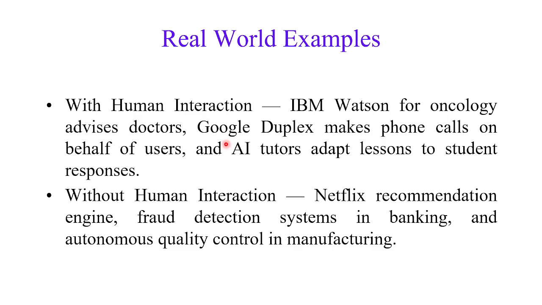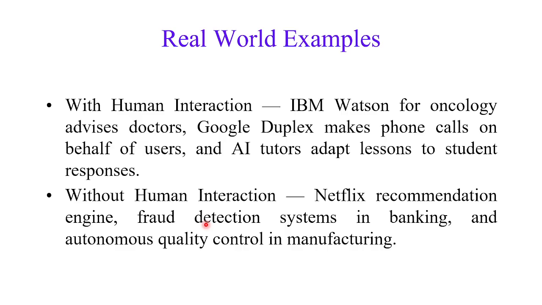If you take an example from the without interaction category, the Netflix recommendation engine runs silently in the background, analyzing your viewing history and generating suggestions without ever asking you anything. A fraud detection system in banking flags suspicious transactions in milliseconds with no human in the loop.